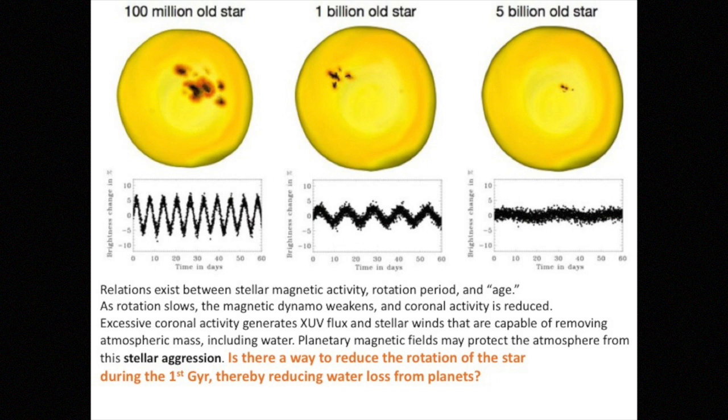As time progresses, the stellar magnetic activity decreases because the rotation of the star slows down, causing a less vigorous dynamo in the convection zone, and less coronal activity.